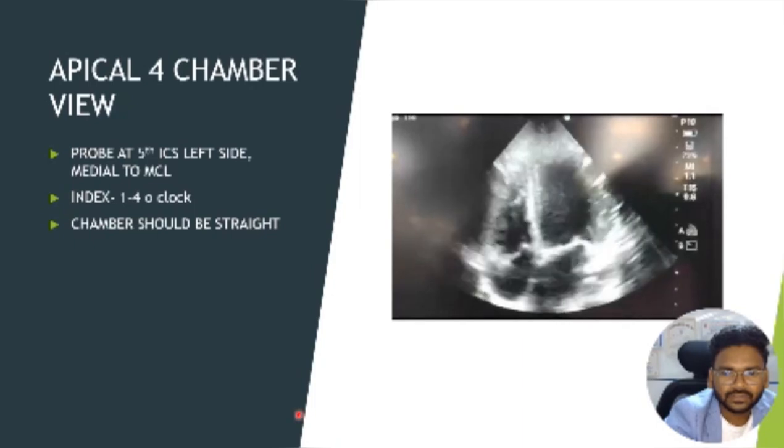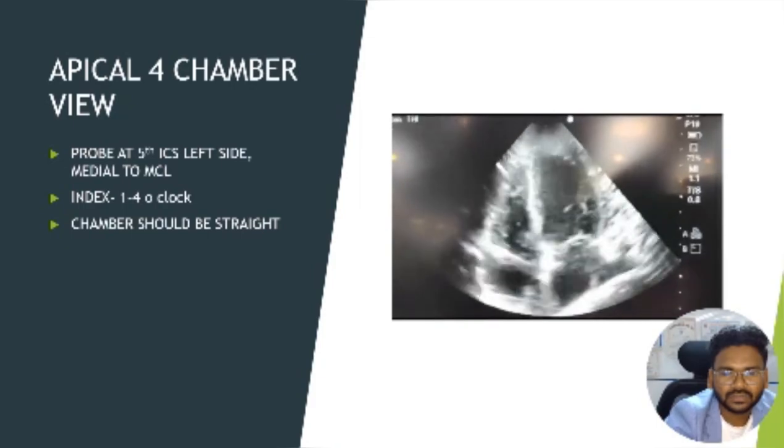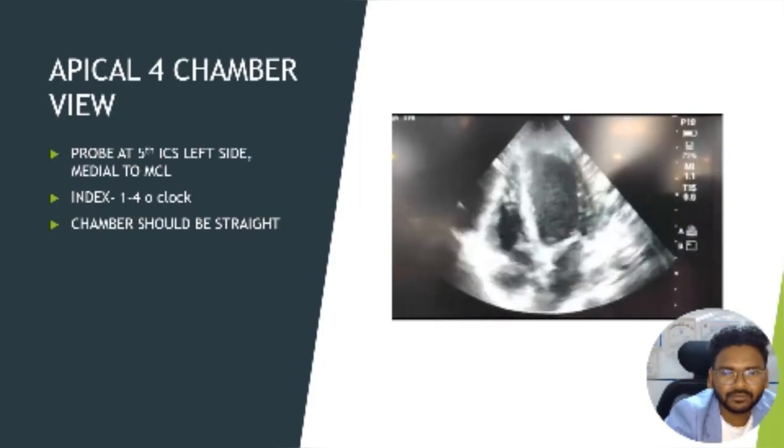In this view we can see the left atrium, then left ventricle, right atrium, then right ventricle, and this is the septum, and this is the mitral valve, and this is the tricuspid valve.